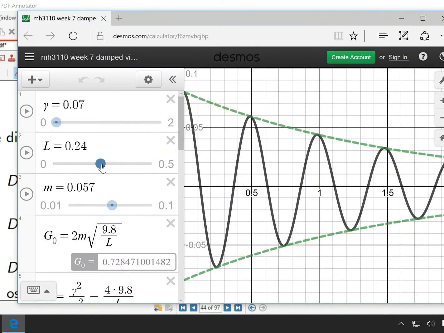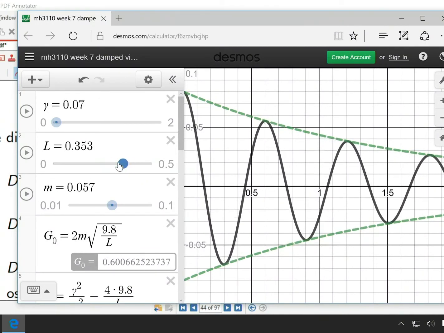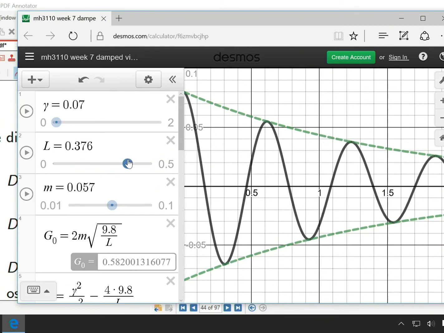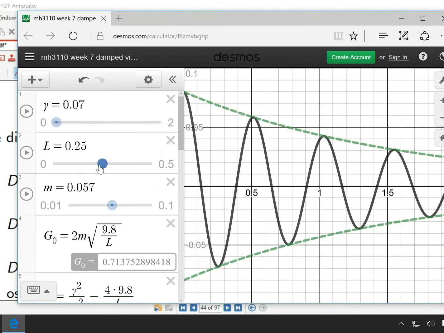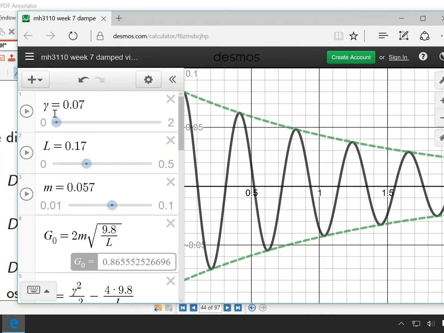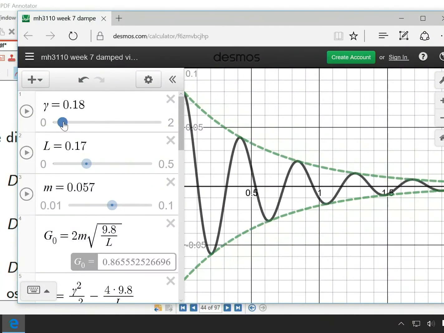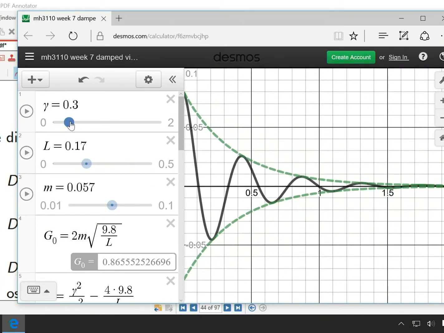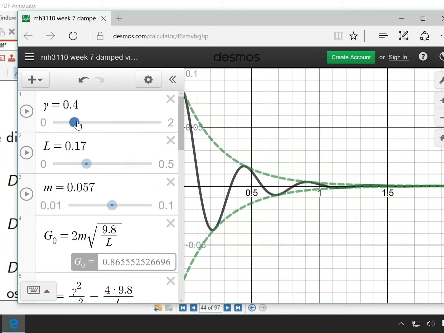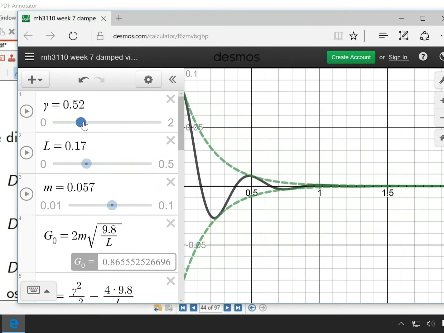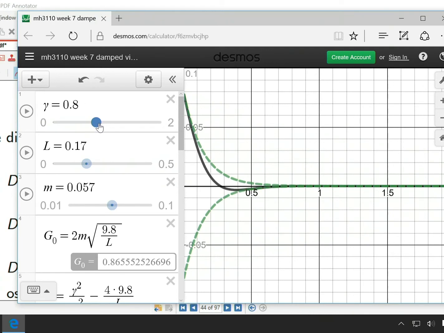And so let me show you some very simple animation in the Desmos calculator. And so this is how L affects it. If we change the damping constant, the bigger the damping becomes, the faster the oscillations decay, and then at some point oscillations disappear.